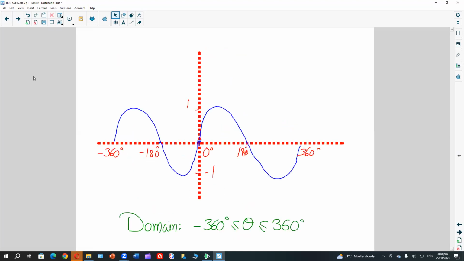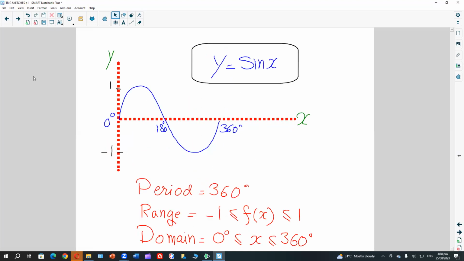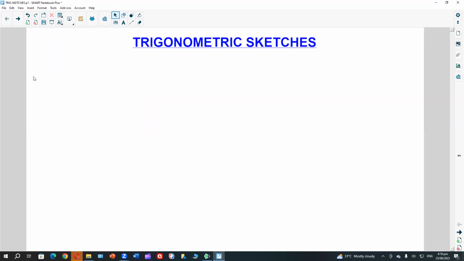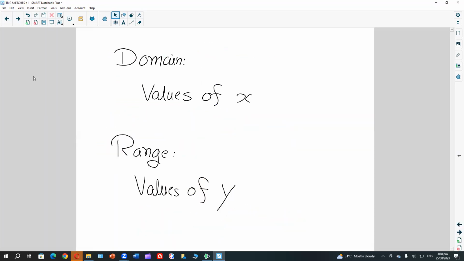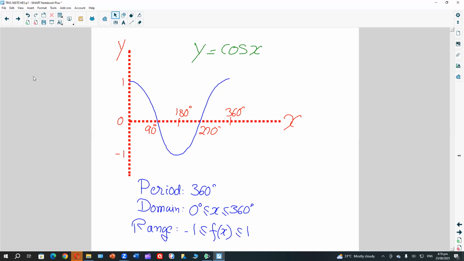Now type in sine 0. It's 0. Good. This is a simple way to understand how these graphs are working. A graph is actually a numerical translation. You have to copy now this screen.